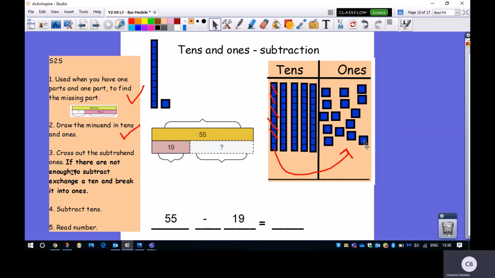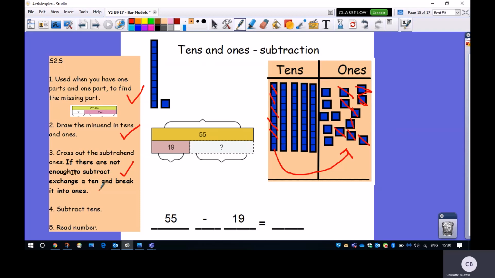I've just got it represented slightly differently so that I can take away 9 ones. So I'm going to take now away the 9 ones. So 1, 2, 3, 4, 5, 6, 7, 8, 9.